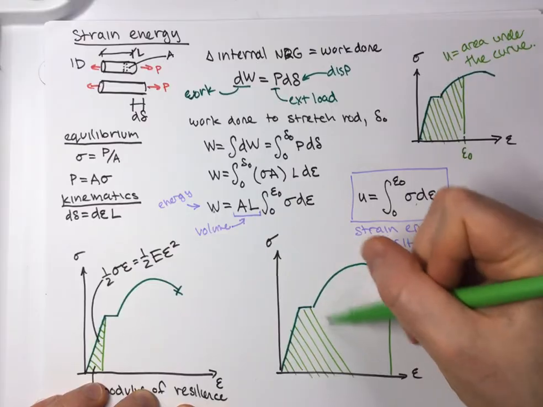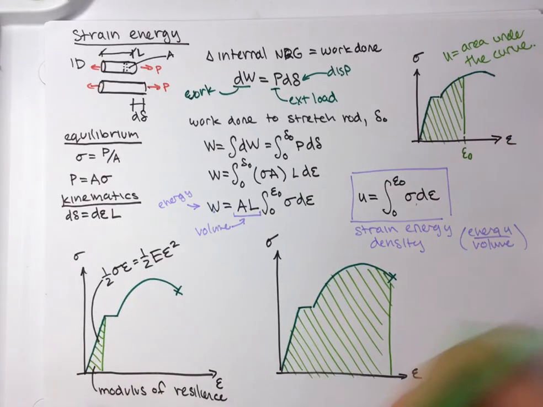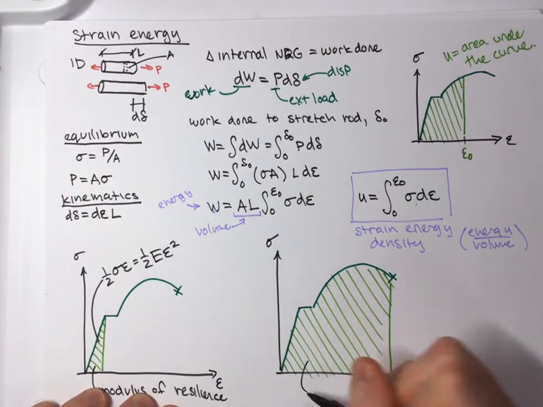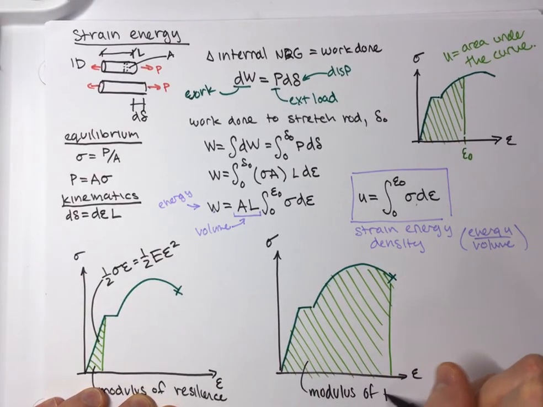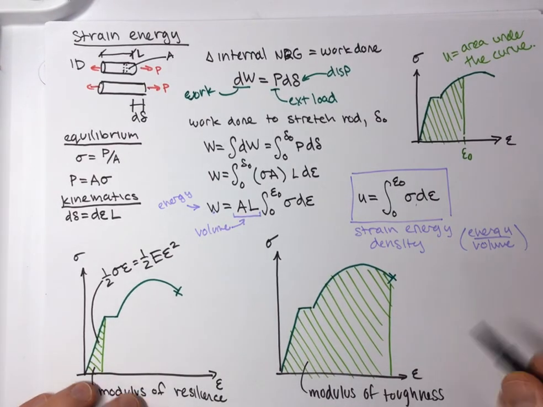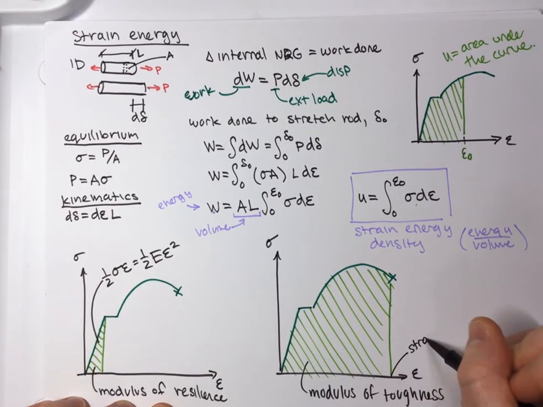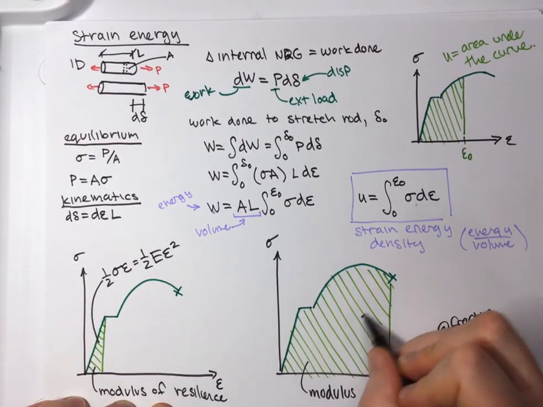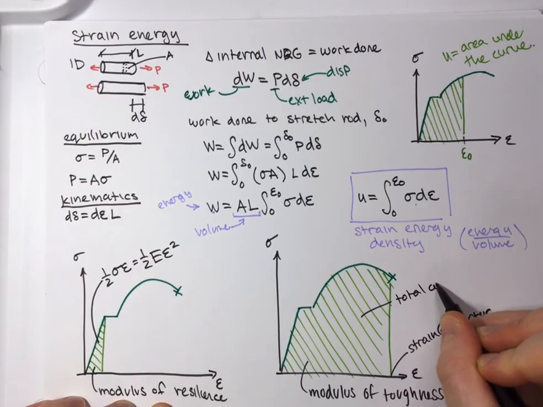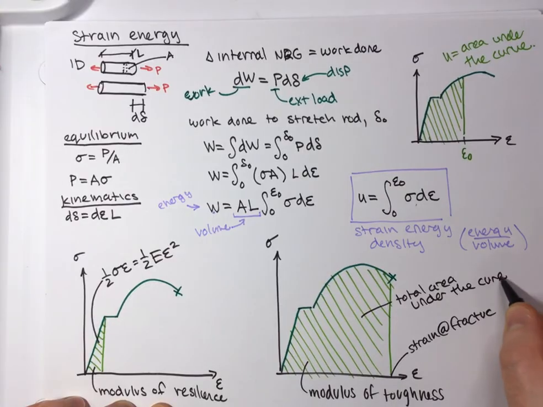So now we're going to calculate that whole area, and that area we're going to call the modulus of toughness. So this is going to be the strain at fracture here. And you can see this is the total area under the curve.